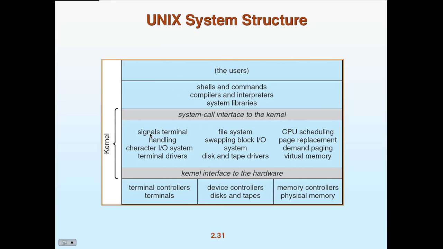So we've got signal termination handling, I/O handling, file system swapping, I/O tape drive, scheduling, page replacement, all these different facilities. And up here we have the user with their user application programs that are connecting through shells and command interpreters using system libraries. And this is the system call interface that we're going through.